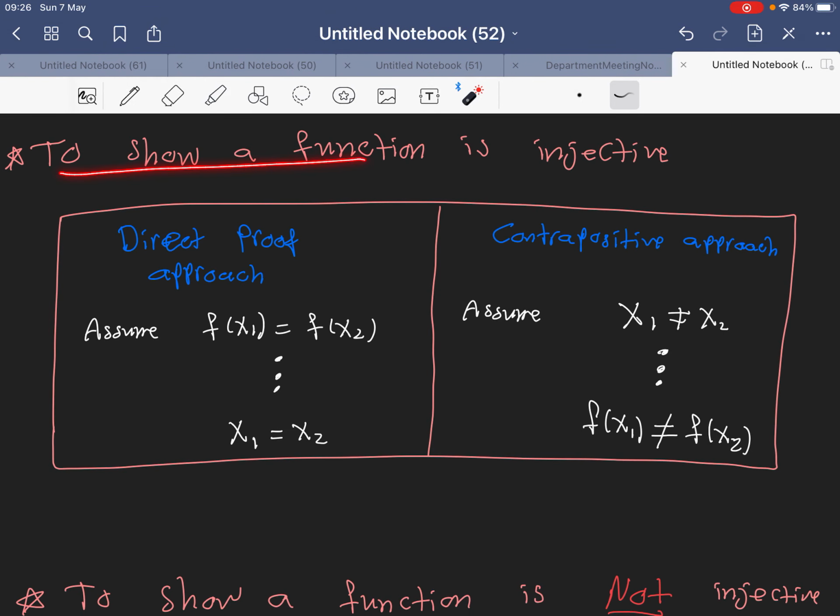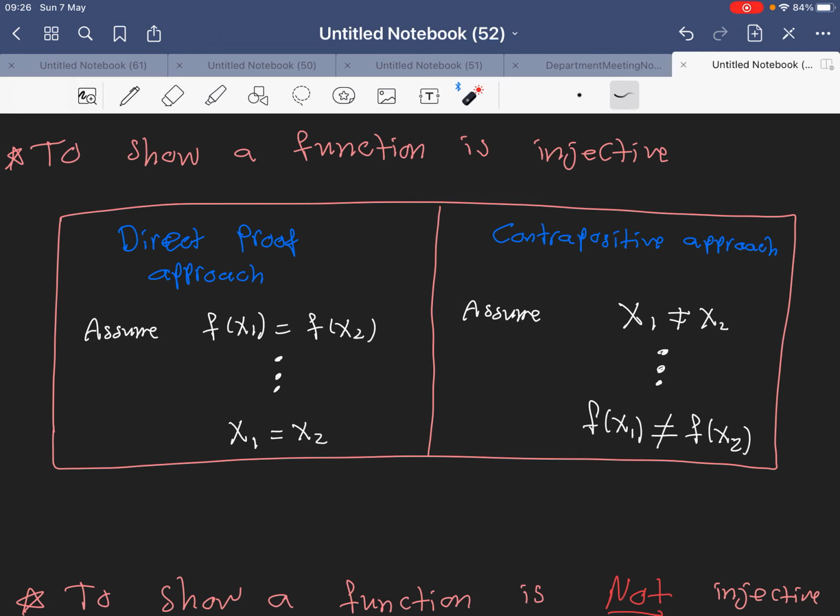To show a function is injective, as I said, we can use the direct proof approach as well as the contrapositive and contradiction. I didn't write the contradiction here because usually direct proof will solve 80 to 90% of the problems, while contrapositive will only solve some of the problems, and maybe contradiction will not be used so frequently in this context to prove a function is injective.